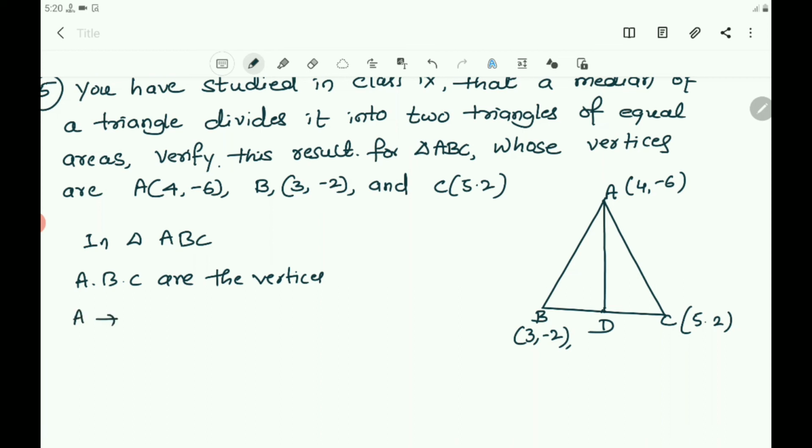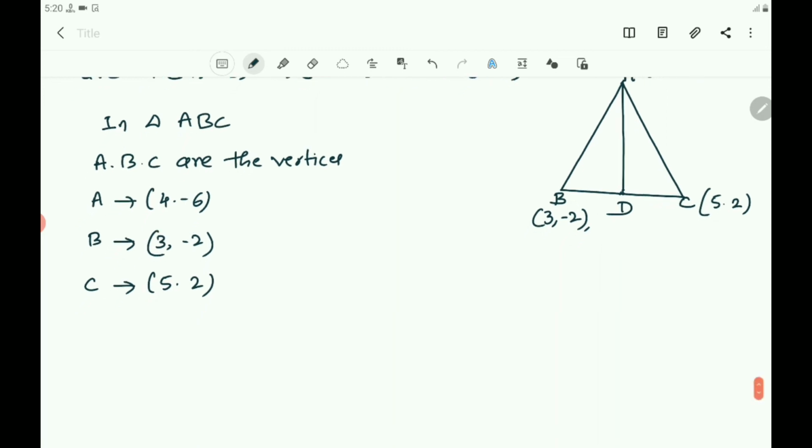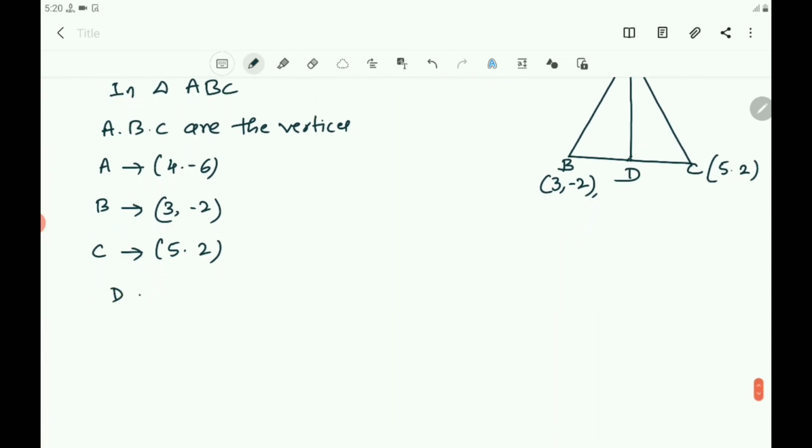A is a point with coordinates (4, -6), B is a point with coordinates (3, -2) and C is a point with coordinates (5, 2), and D is a midpoint of BC.